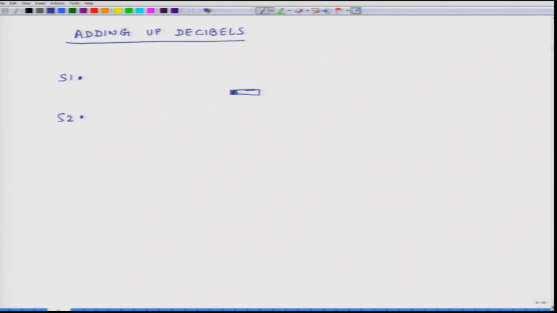So, only source 1 is working, and let us say my decibel level is LW1 only in presence of the first source, and only in the presence of second source, when the first source is not present, it is LW2. Then the question would be that when both of these sources are present, what is the total sound level? So, in this case I will say total sound power level.